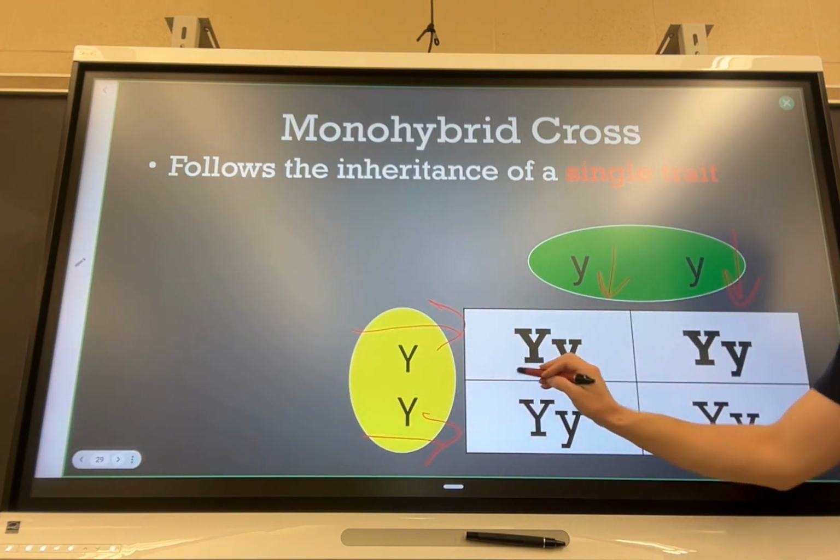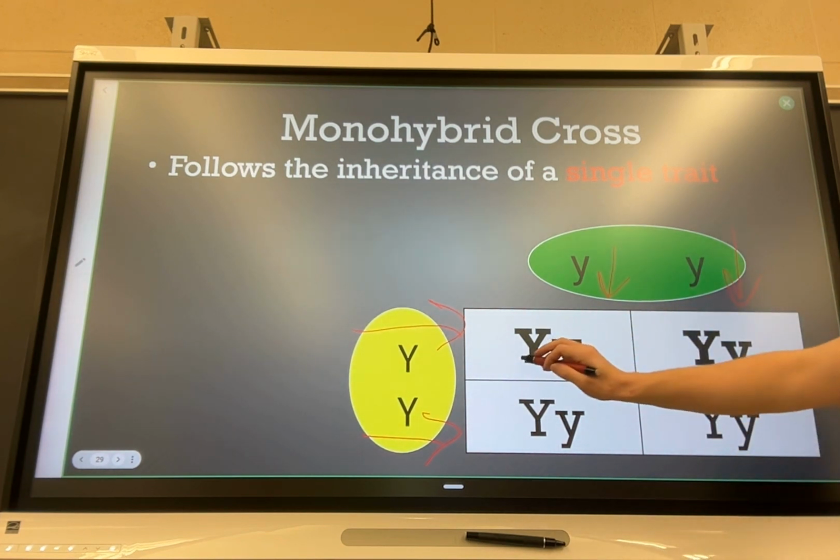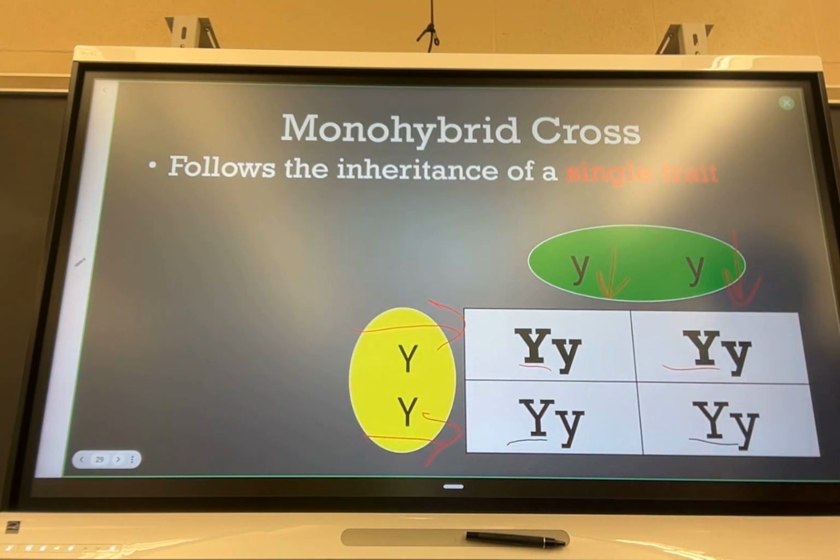So if we were to do an analysis on this and figure out, okay, what's the chance of us getting a yellow offspring? Our genotypes are going to reflect that because there is a dominant Y in each of the offspring, there is a 100% chance that we are going to get a yellow offspring.